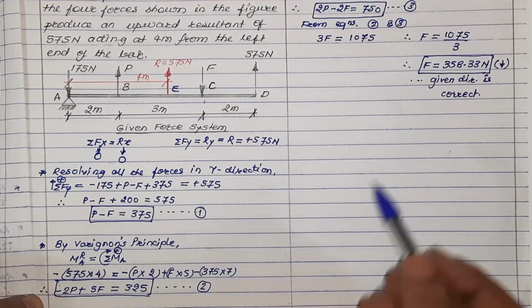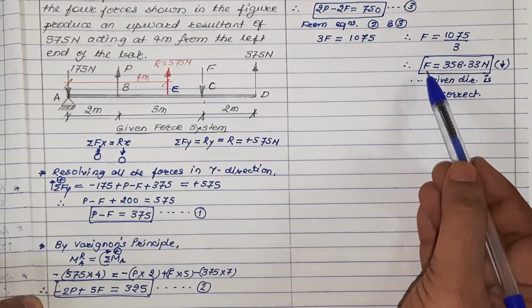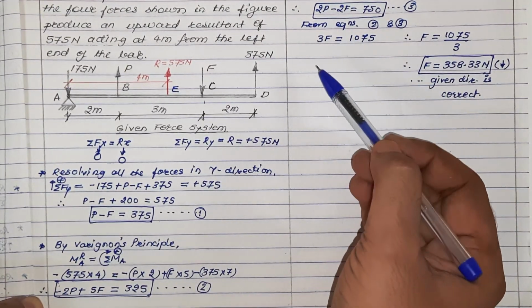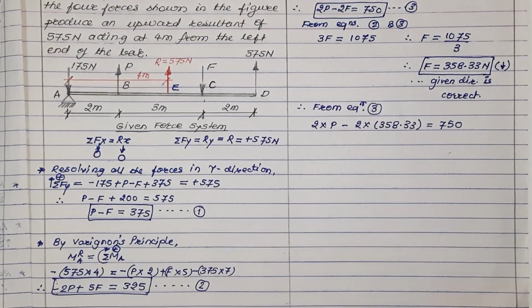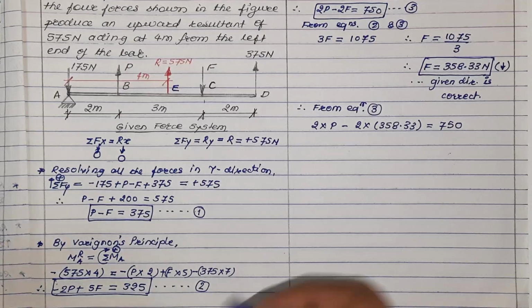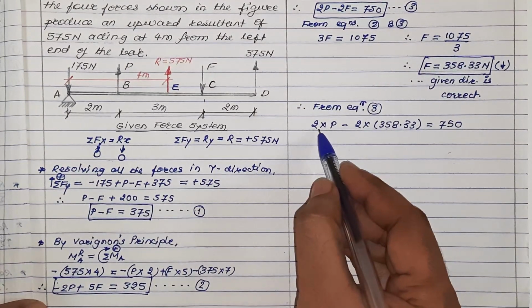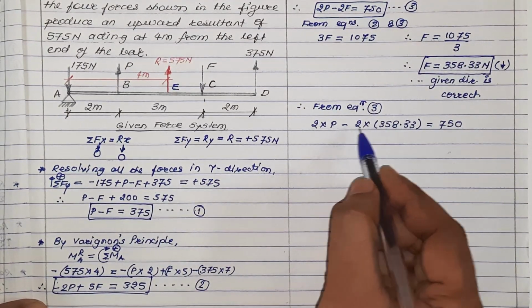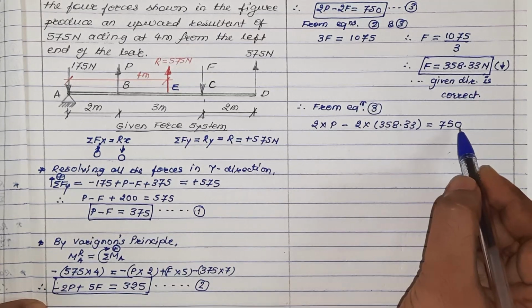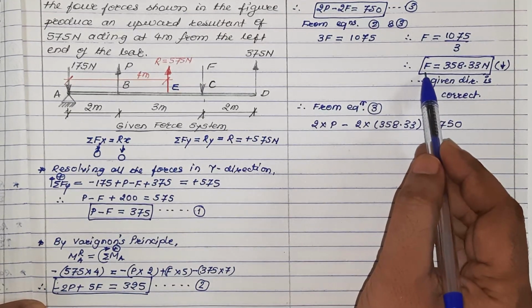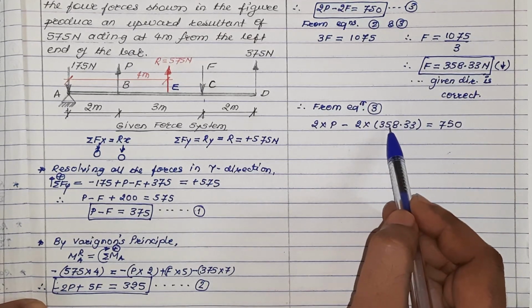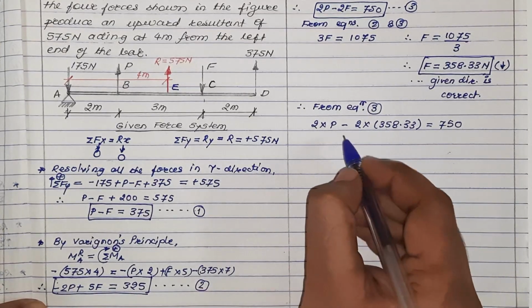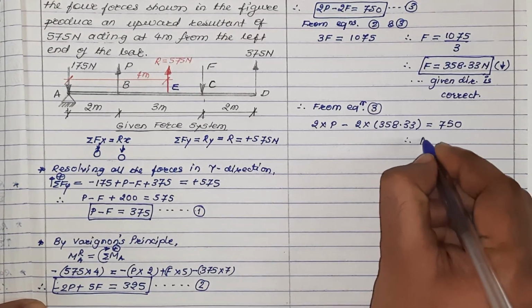Thereafter, we will substitute this value of F in any one of the equations and we will get the value of P. Let us calculate that. Thus, from equation 3, twice P minus twice F is 750. So, whatever answer of F we have got, that is positive 358.33, we have substituted it here along with its sign. Alright, after solving this, we will get the value of force P.